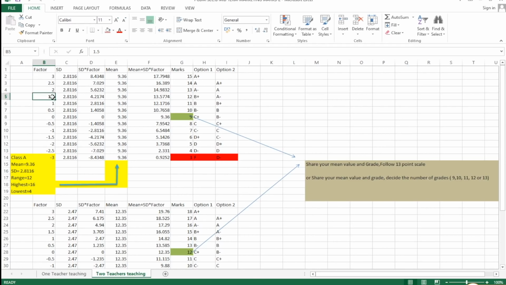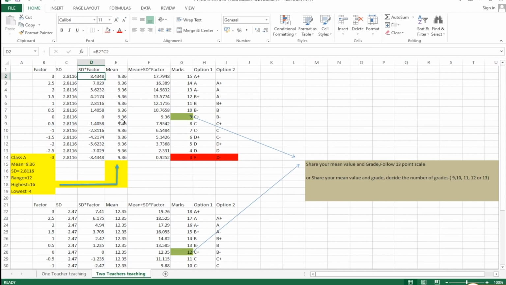This is the spread of the standard deviations on the higher side and spread of standard deviations towards the lower side till -3. So standard deviation is 2.8116. Just you have put here, multiply standard deviation with the factor, so it becomes 0.5 sigma, 1 sigma, 1.5 sigma, 2 sigma. This is how we have gone in for calculating this, right? So this is a simple multiplication.